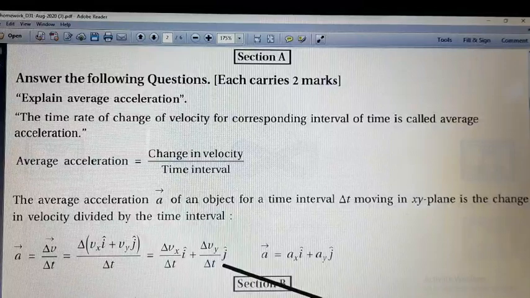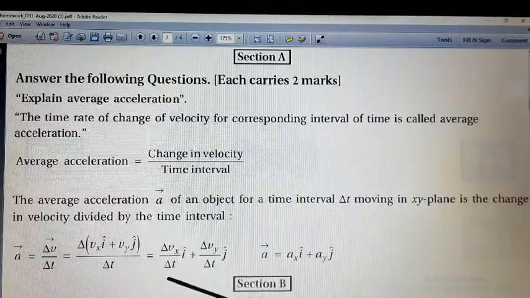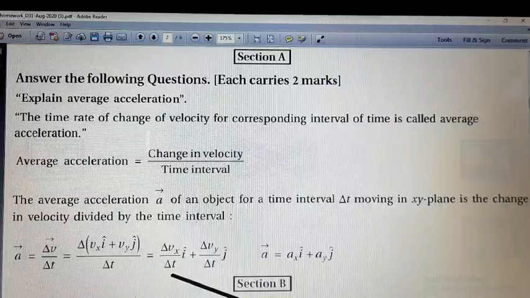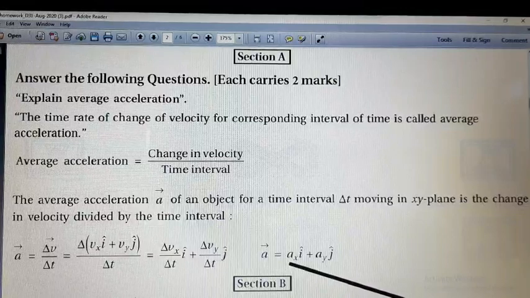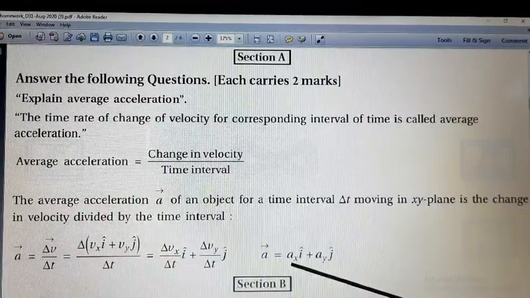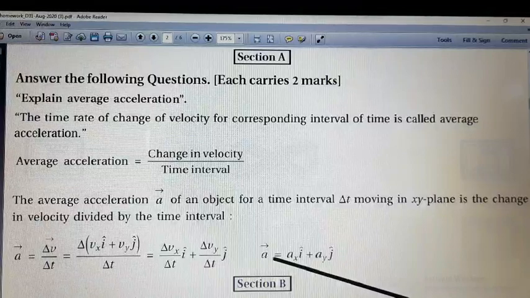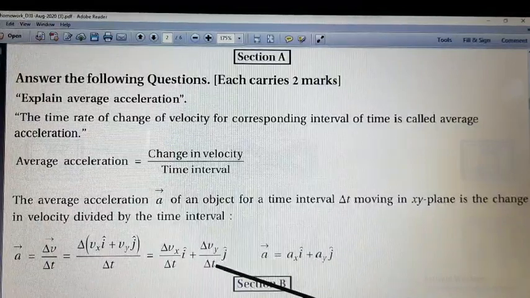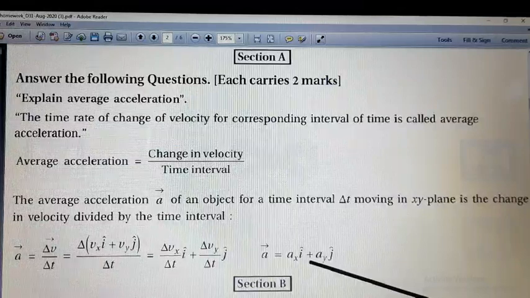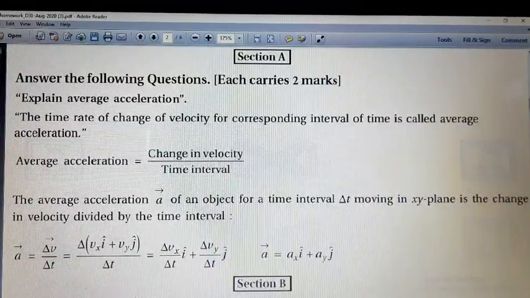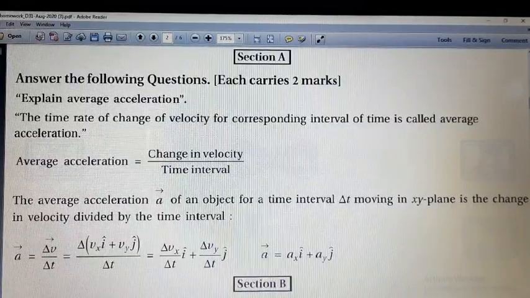According to the definition of acceleration, delta Vx upon delta t is denoted by Ax, the x component of the acceleration. In the same way, delta Vy upon delta t is Ay. So Ax and Ay are the two components of acceleration.